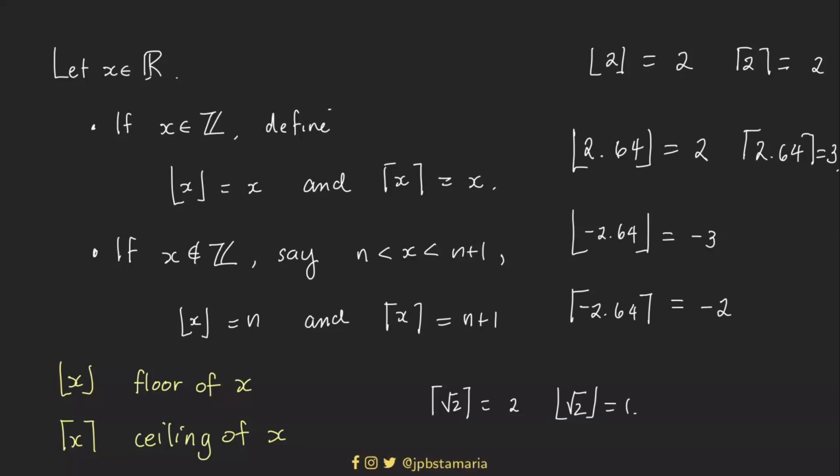The greatest integer function is the floor function. Pareha siya sa floor function. Yung ceiling, I don't know kung anong counterpart niya sa calculus, but yeah, meron tayong floor at ceiling function.